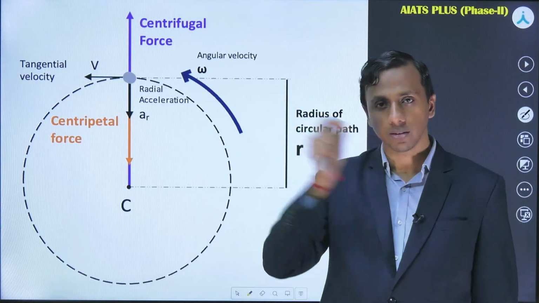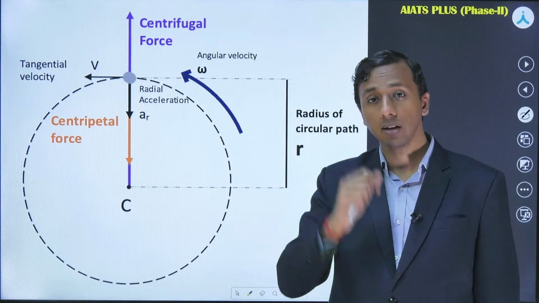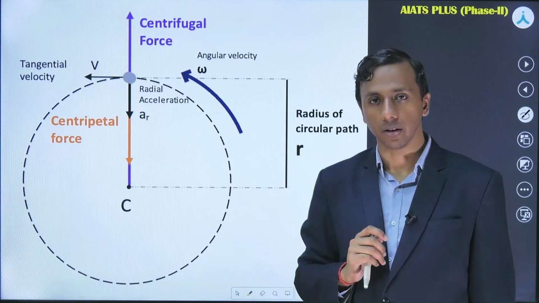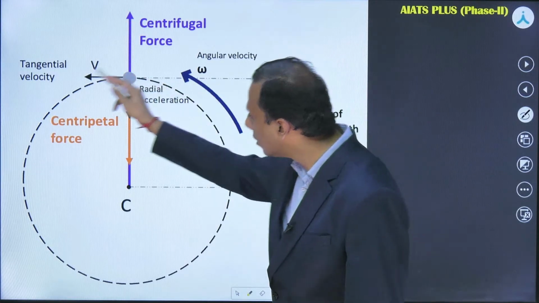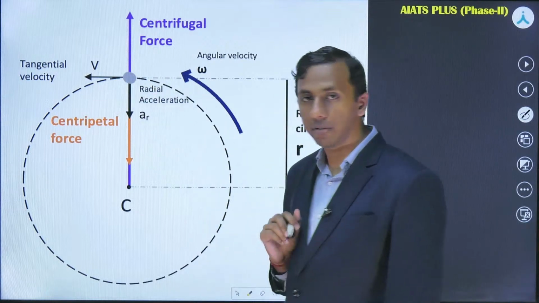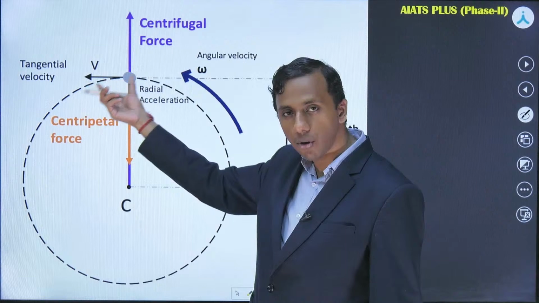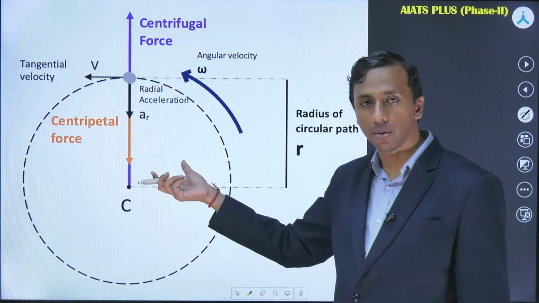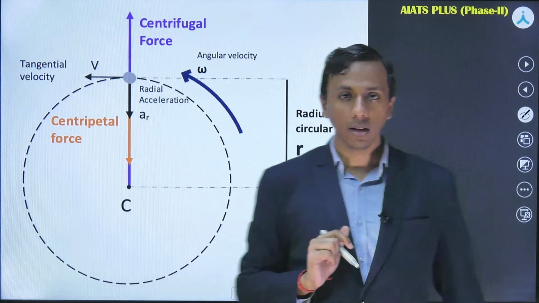So centripetal force is directed towards the center of that orbit. And who was providing that centripetal force? The gravitational force here. So this is a general diagram. Let's say this is the particle which is revolving in that orbit with speed v, which is called the tangential velocity. And for that velocity, you will get a centripetal force, because the centripetal force has to be directed towards the center.